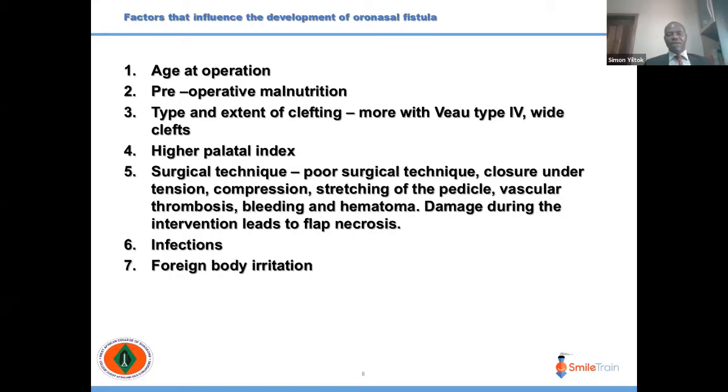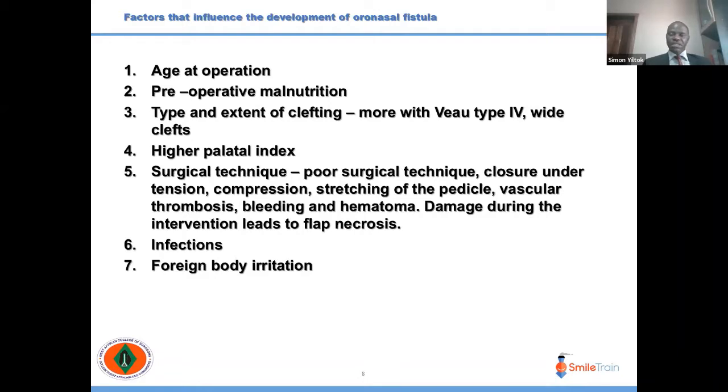Where you have a high palatine index, the ratio between the breadth and width of the palate, we show that those with a high palatine index have a higher tendency of developing oronasal fistula.